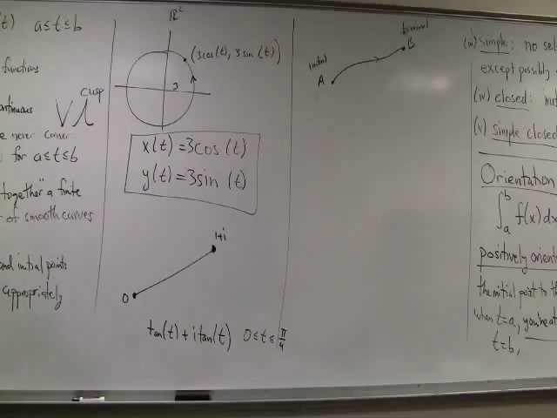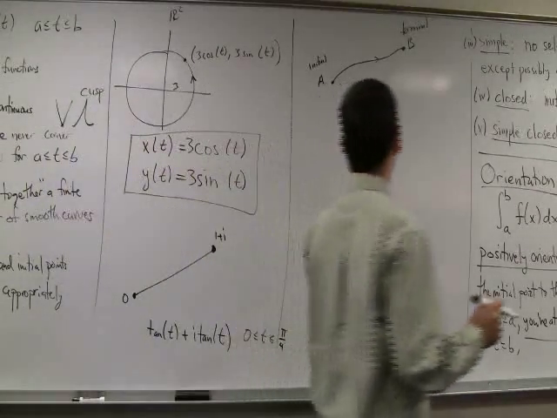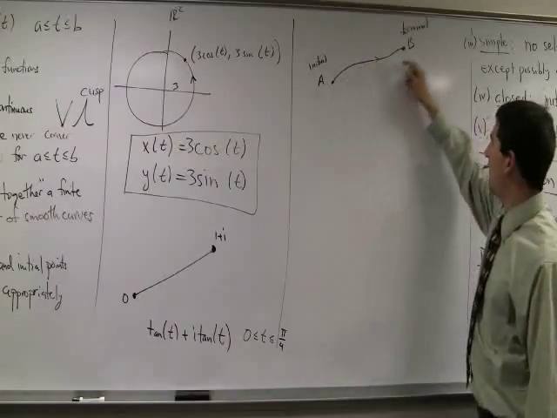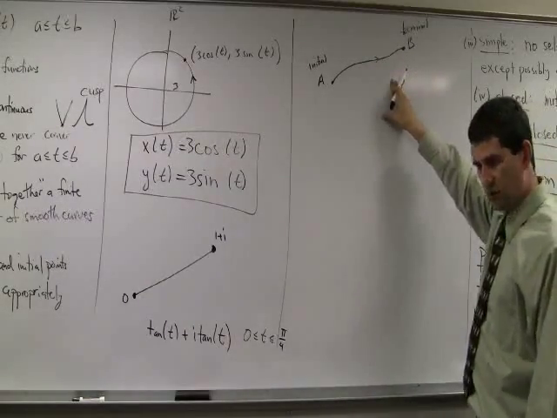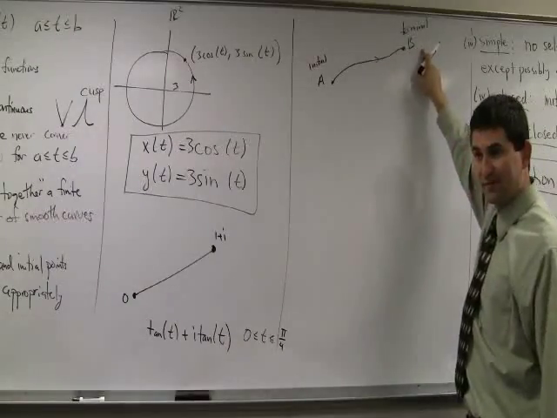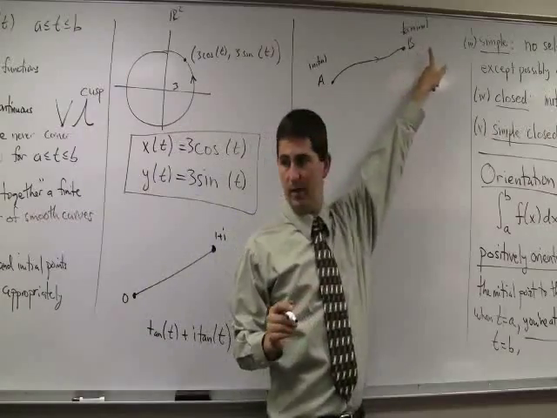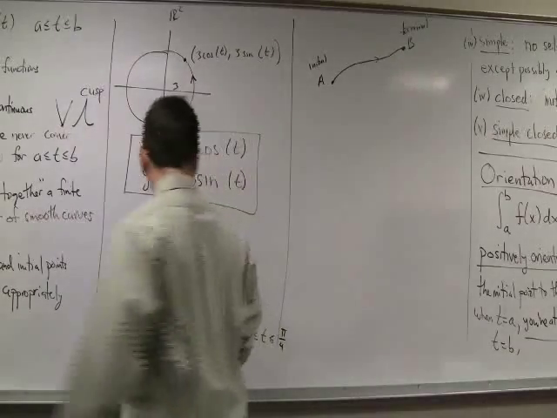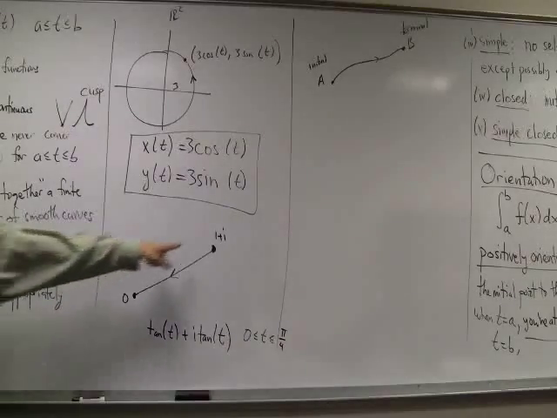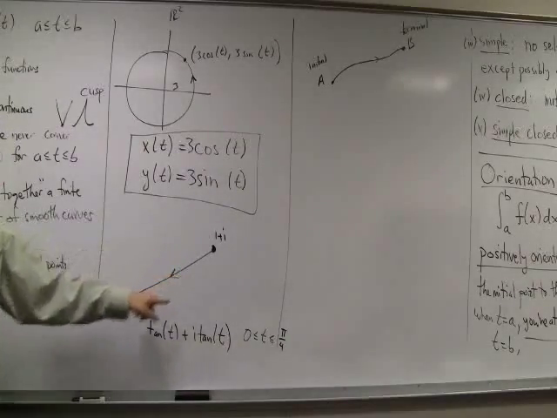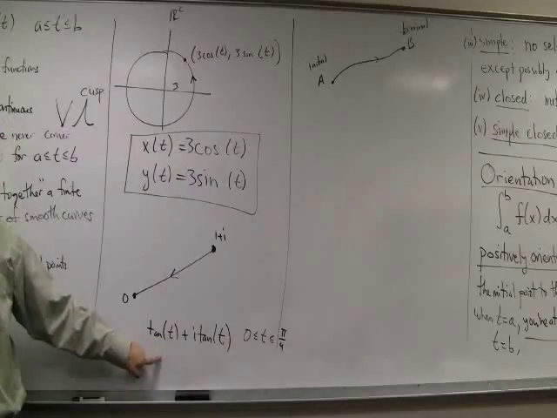Okay, so there are different parameterizations, and what you're really asking is, if I write down this curve and I write this direction down, is my parameterization going in the right direction? Does it start at the initial point and end at the terminal point? If I drew my arrow on here like this, saying this is how I want to proceed along this path, is this a positively oriented parameterization?